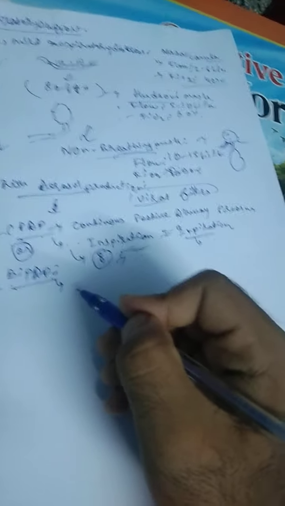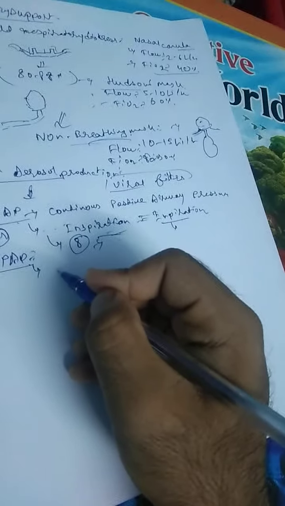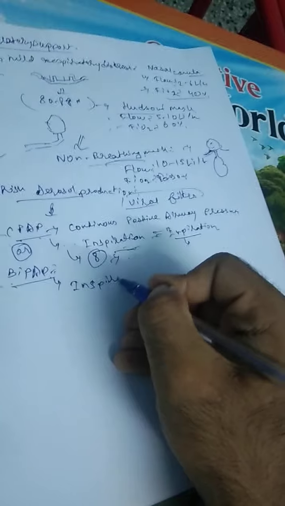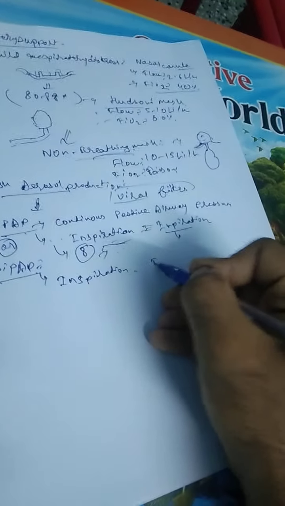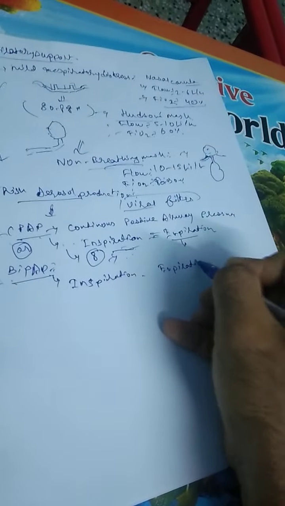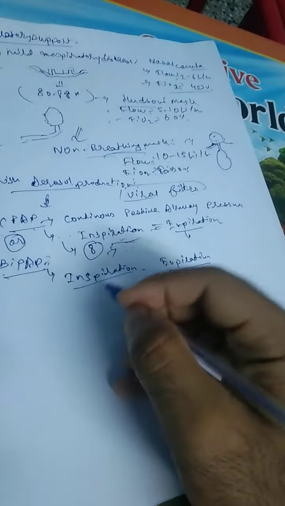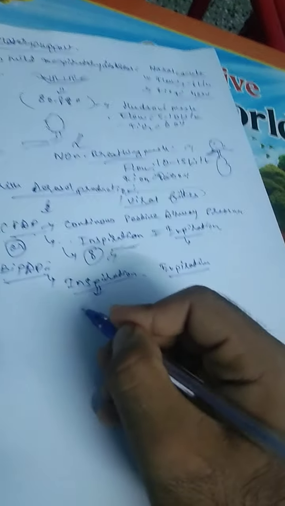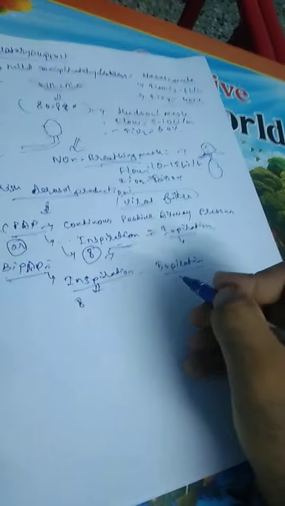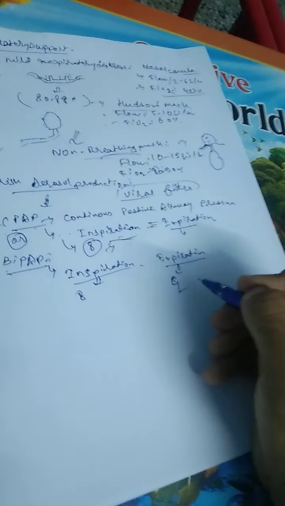And in BiPAP, inspiration and expiration pressures we can set at our choice. Generally the inspiratory pressure we choose is 8 and the expiratory pressure is 4.